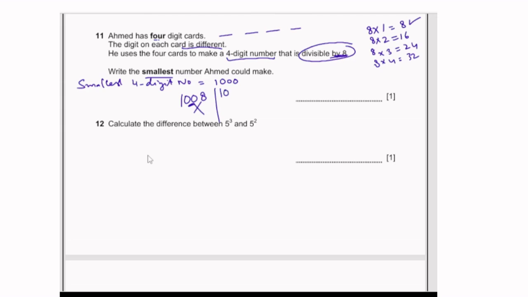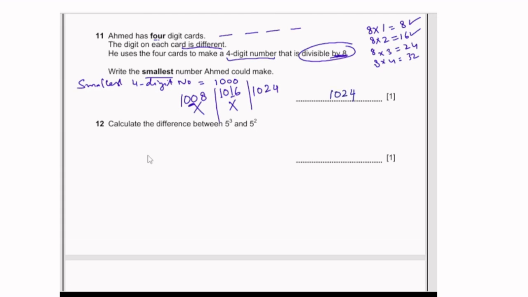If I take 1016, then again 1 is repeated, so we cannot take this also. So if I take 1024, now you see this is a 4-digit number and it is divisible by 8, and all the 4 digits are different, so this is our answer, 1024.